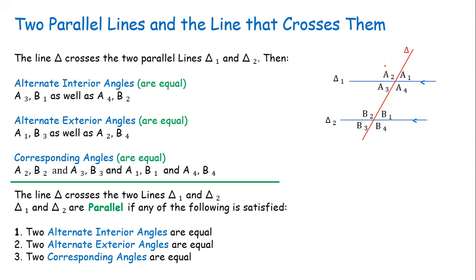So A2 here and B2, they are two corresponding angles, and they have equal sizes. We have also A3 here and B3. We have A1 and B1. Also, we have A4 and B4.